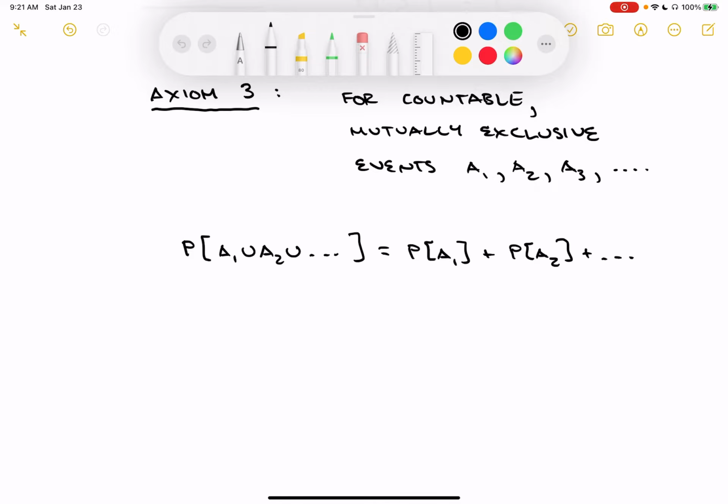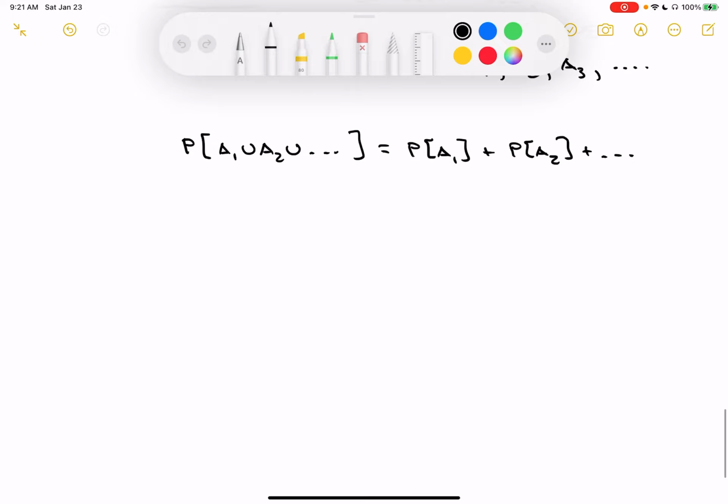It's really important in this case that they be mutually exclusive, that they have no overlap. I can re-express this with a more compact notation, which I like better. This basically says the probability of a union, going from 1 to infinity, of my A_i, this big group of mutually exclusive events, is equal to a summation, i equaling 1 to infinity, of the probability of the individual pieces.